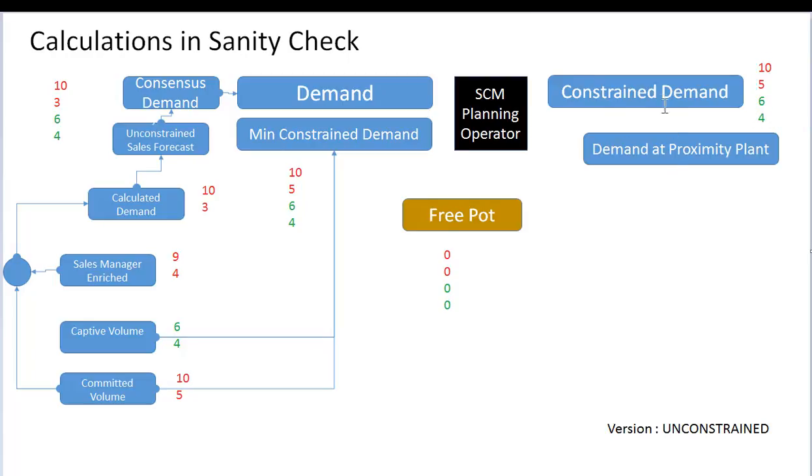Again, when executing the copy operator, the values of constraint demand are going to be passed to the demand at proximity plant.